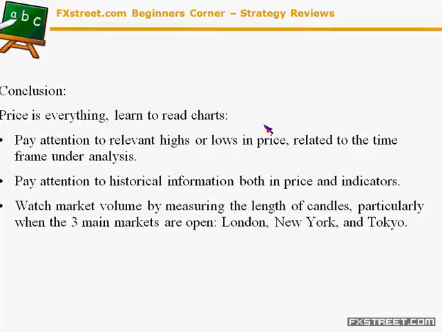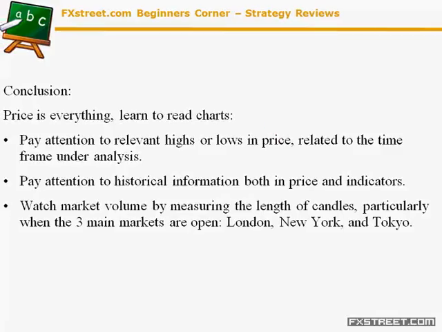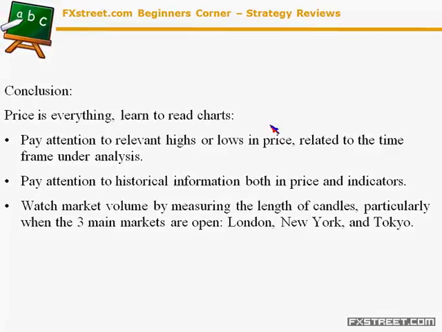Also, watch market volume by measuring the length of candles, particularly when the three main markets are open: London, New York, and Tokyo. Don't try to measure volume when we have in fact no volume. For example, New York closes and early Australian market, right? The full volume market comes when Tokyo comes into play, right?